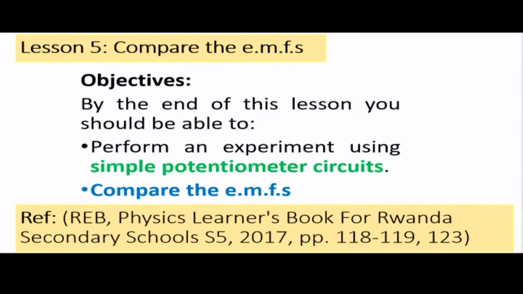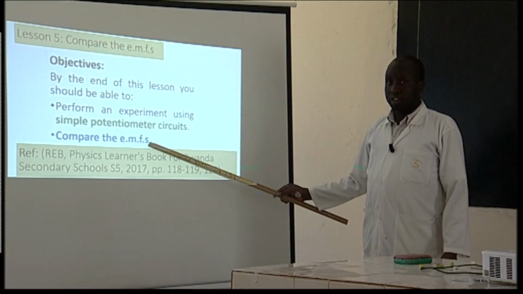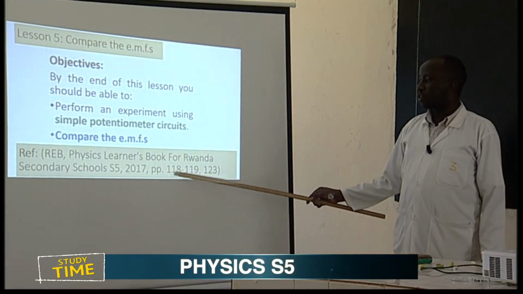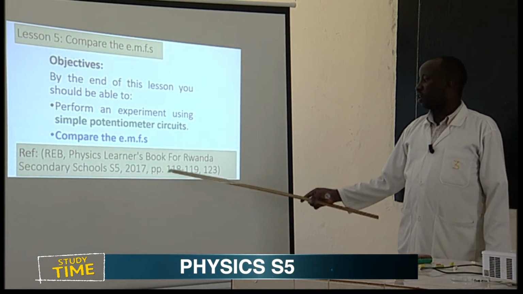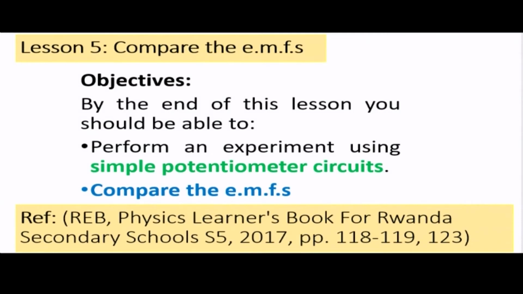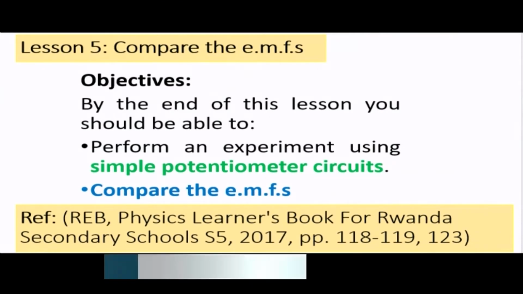By the end of this lesson, you should be able to perform an experiment using a simple potentiometer circuit. I think it is the same way as what I have used there. So we need to compare the electromotive force. Check this in the Senior 5 book, and you find it on pages 118, 119, and 123.